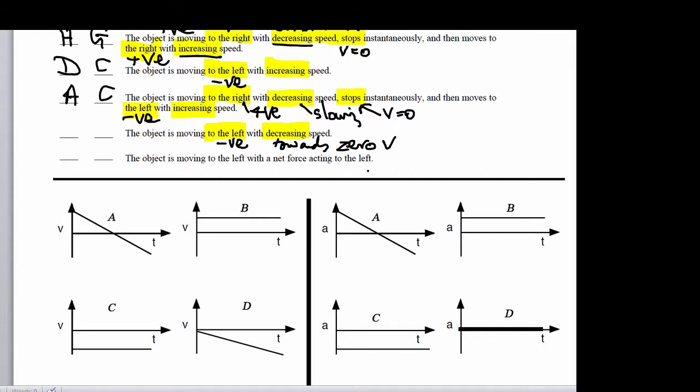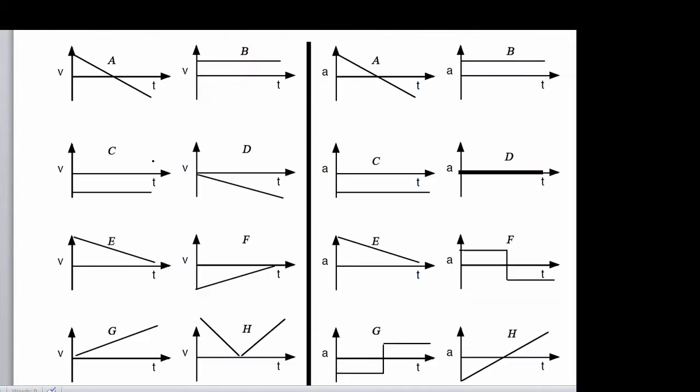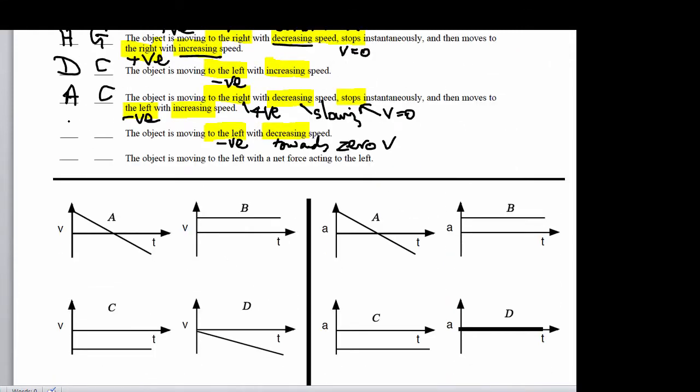That's what it's doing. All right, so which one of those velocity graphs corresponds to that story? Graph F. Yeah, graph F. Starts off high, going in the negative direction, and heads towards 0. Right. That's graph F.